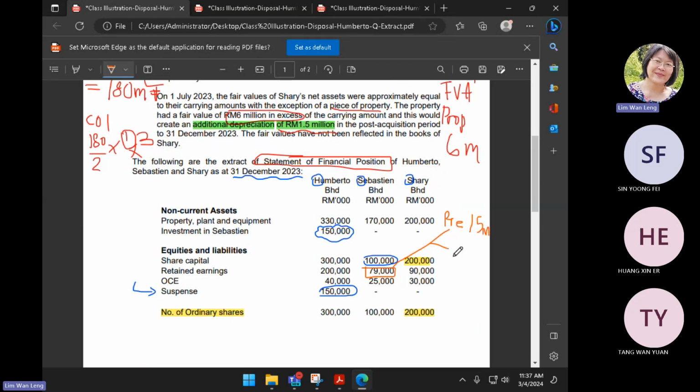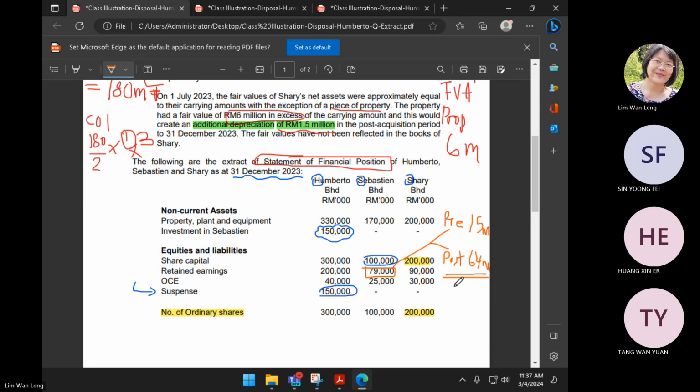Okay, so which means the post must be the difference between these two. So the post is the balance. So this minus this, you have 64. All right, but this 64 million is for the whole year.